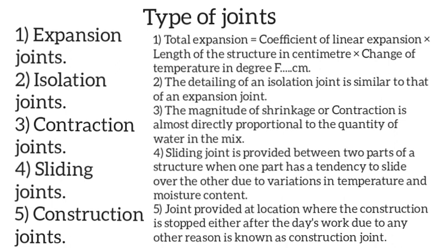We know that when concrete sets and hardens in air, it shrinks in volume. Hence, a concrete mix having more water shrinks more than a concrete mix having low slump. The contraction caused due to drying shrinkage results in development of tensile stresses in concrete.